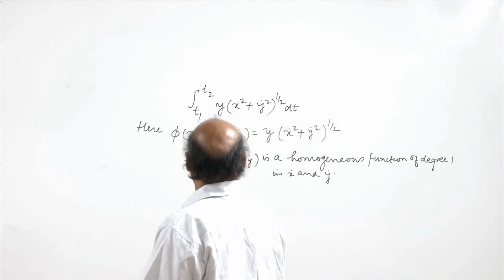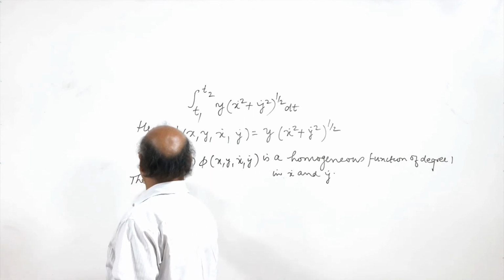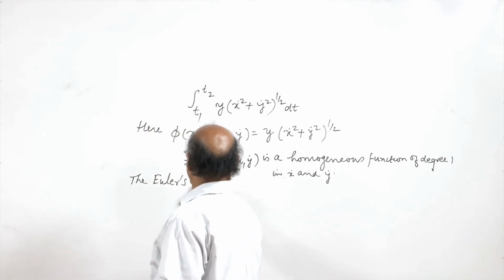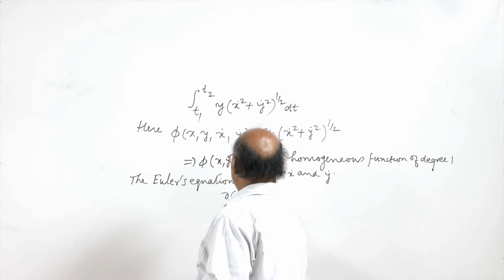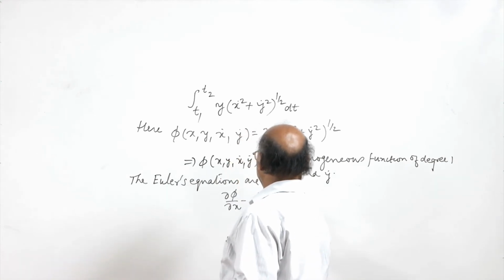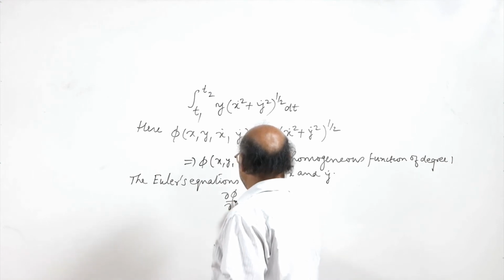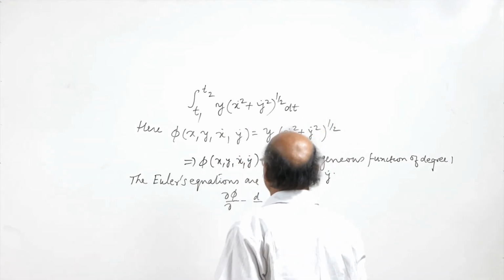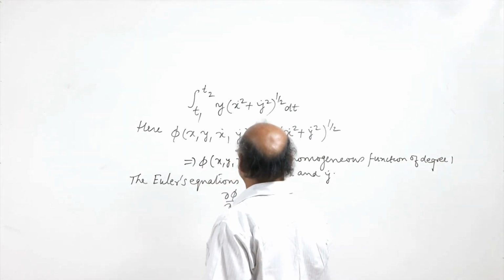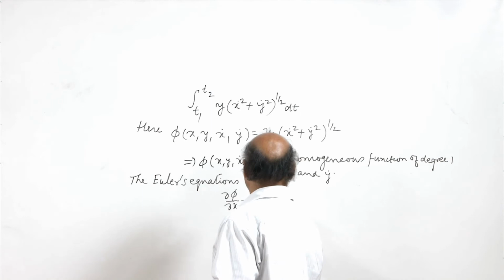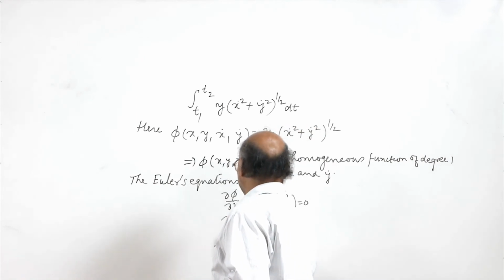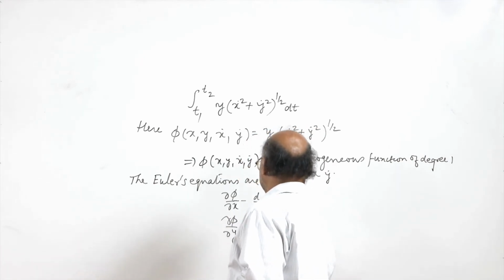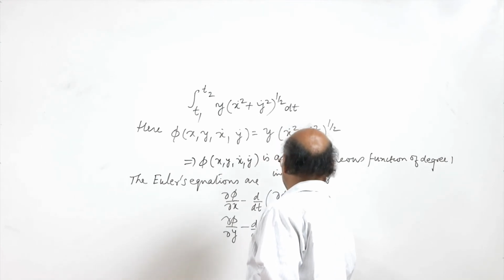Okay, now the Euler's equations are delta phi by delta x minus d over dt of delta phi over delta x dot equal to 0, and delta phi over delta y minus d over dt of delta phi by delta y dot equal to 0, where x and y are dependent variables and t is the independent variable.